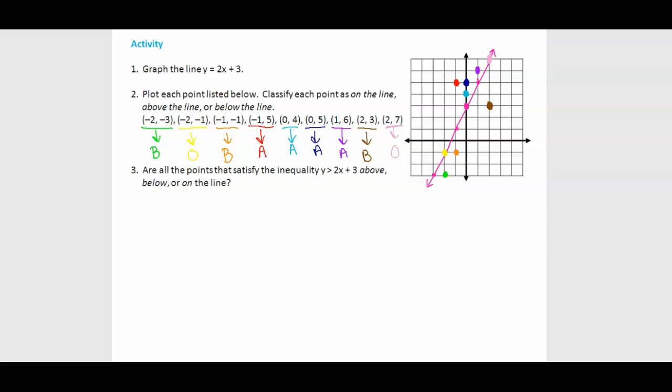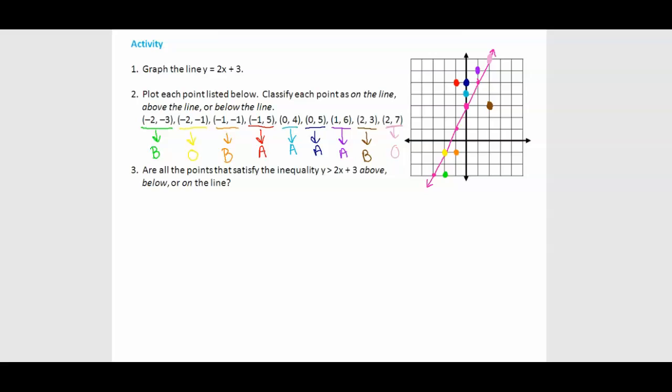So the first point is below, the second point is on, the third point was below, then the next 4 points were above, then below, and then on.